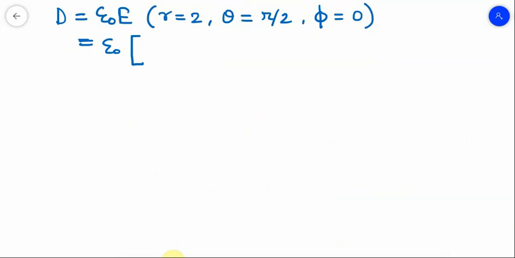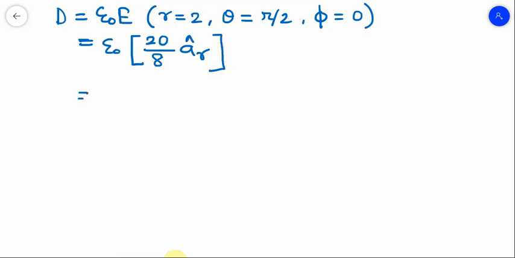So when we put that E, D will be epsilon 0 times 20 upon 8 AR, and the remaining terms are 0.